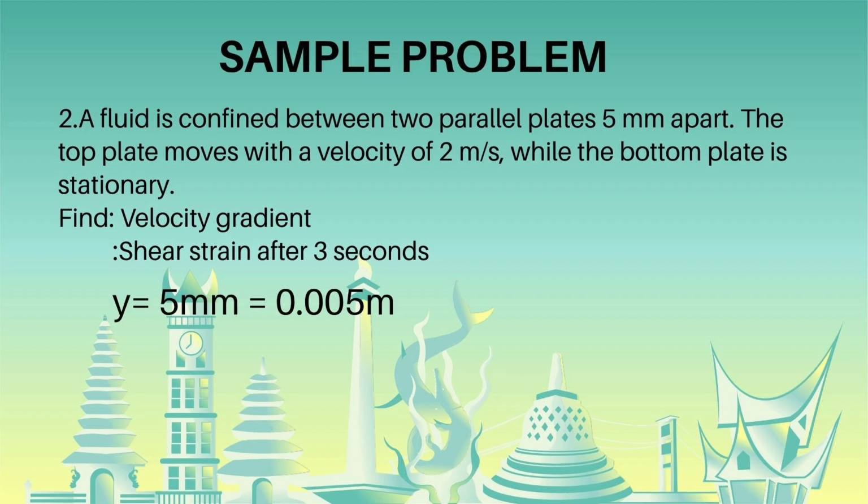We need to find the velocity gradient and shear strain after 3 seconds. So we convert the 5 millimeters into meters, which is equal to 0.005 meter.